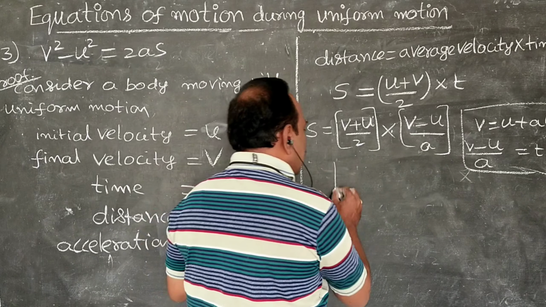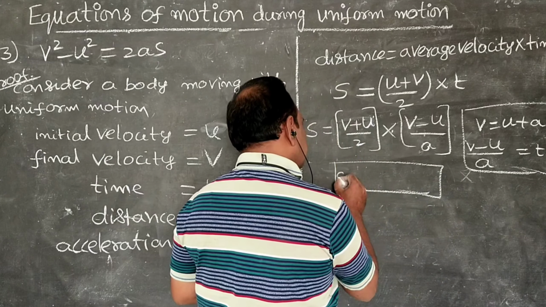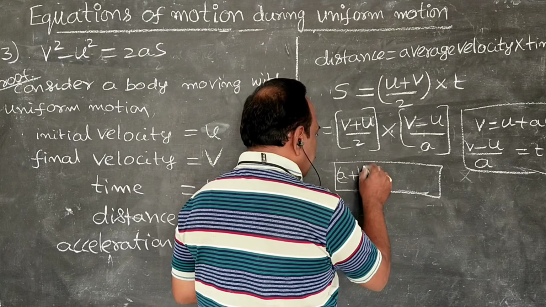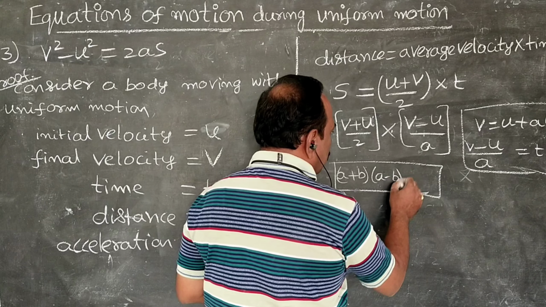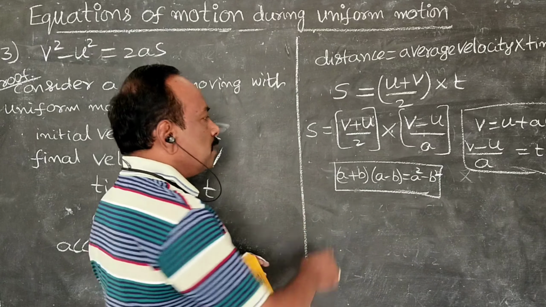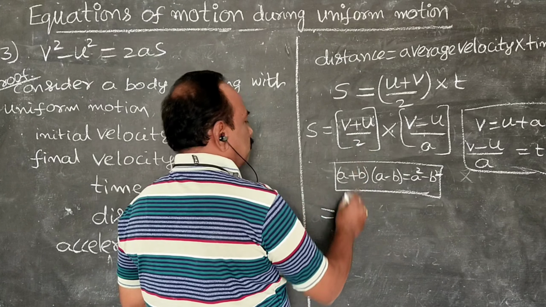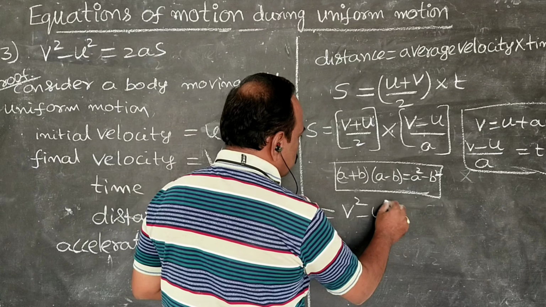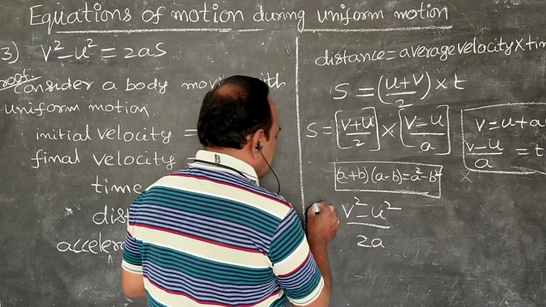This is similar to the formula (a plus b) into (a minus b) equal to a square minus b square, you know very well. Substituting this in the equation, we get (v square minus u square) by 2a.